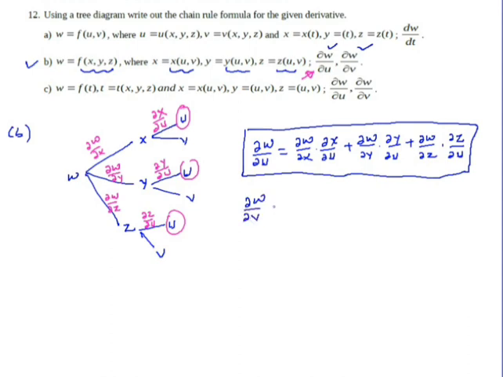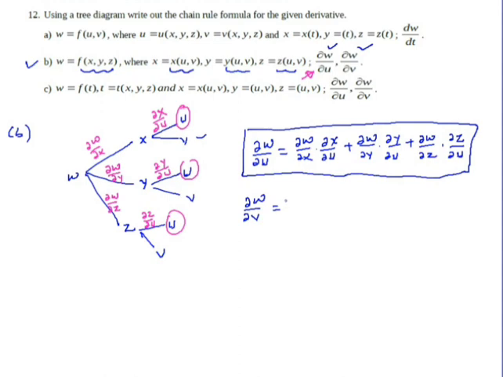Okay, to reach v we have three paths: the partial derivative with respect to x and x with respect to v, similarly the partial derivative of w with respect to y and y with respect to v.